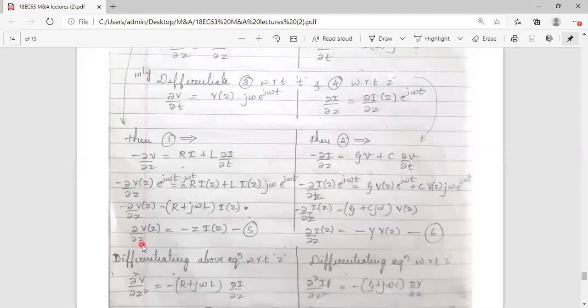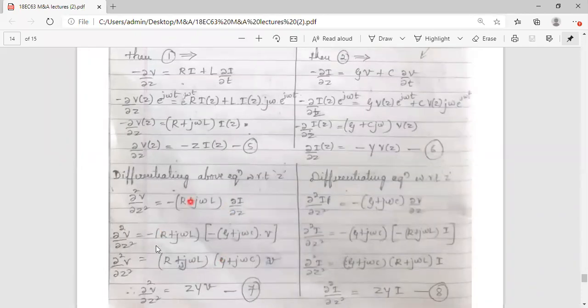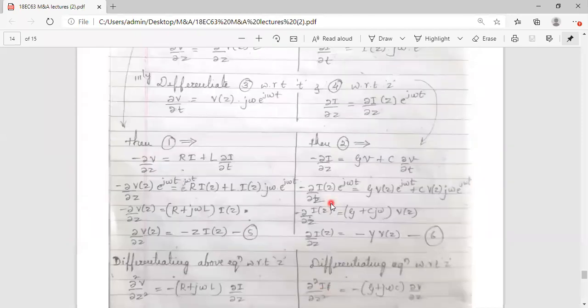∂²V/∂z², two times. So your equation will become negative R plus jωL as it is, I(z) will be ∂I/∂z. So this you can simplify further, I(z), that is ∂I/∂z.